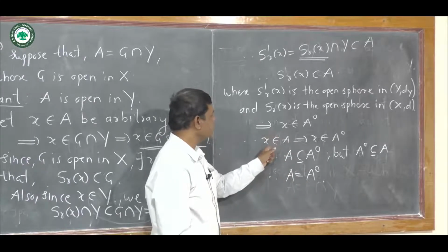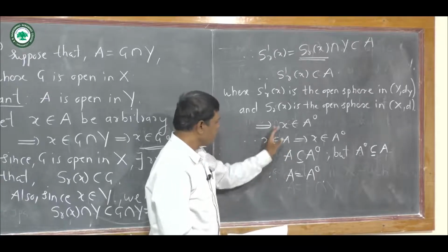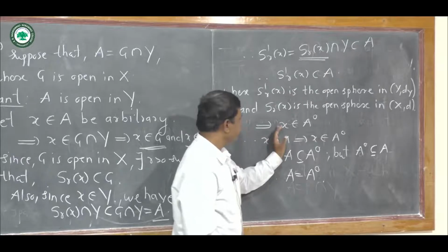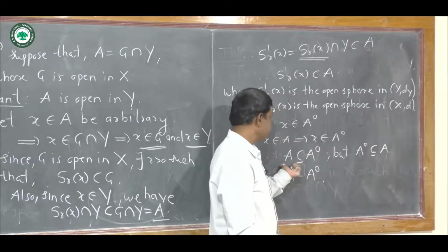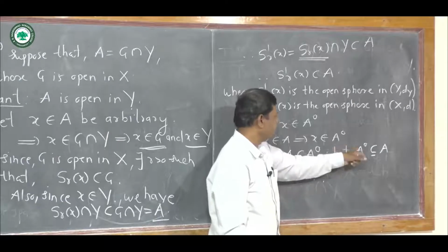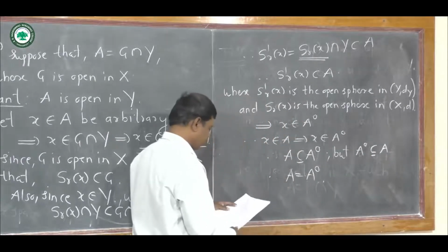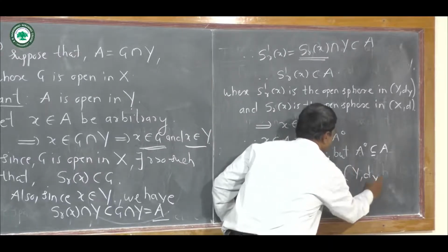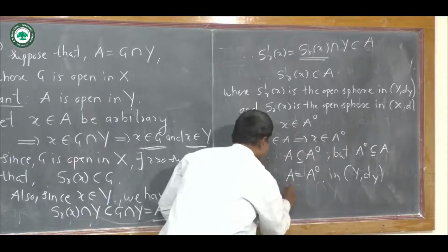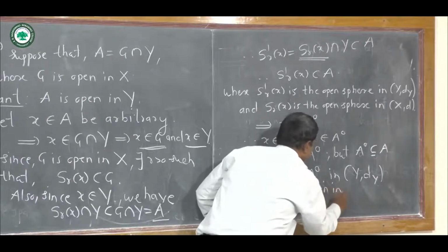Since this element is arbitrary, x belongs to A implies x belongs to A interior, so A is contained in A interior, and A interior is contained in A. Therefore A is equal to A interior in the subspace (Y, d_Y). So yes, A is open in Y.